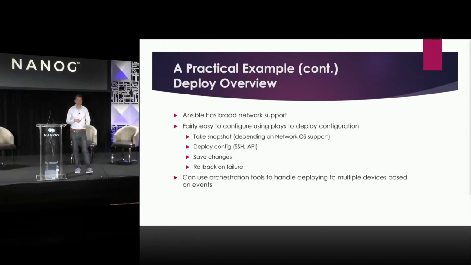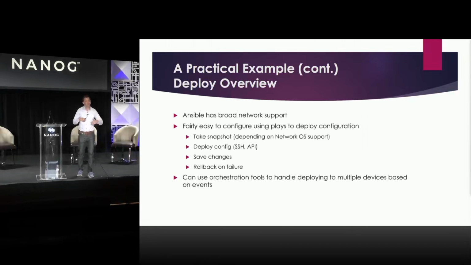For example, we could take a snapshot of the switch before we deploy this change. We could deploy the change via SSH or API. Ansible supports multiple methods for doing that. We obviously can save the change to the device. And we potentially could roll back on failure from that snapshot we took before. And this would all be layers of orchestration that Ansible could empower for us.